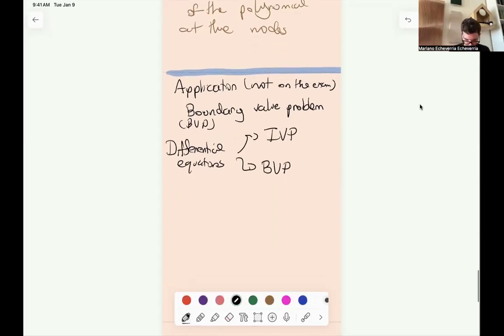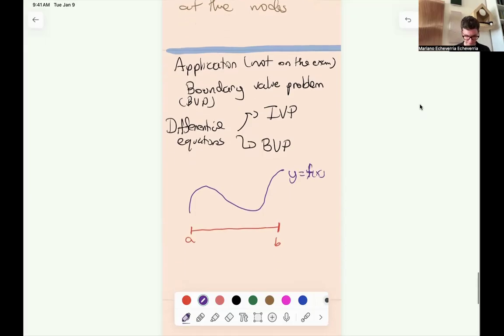So, one example is that maybe you have an interval a comma b, and you're trying to find a function that satisfies a differential equation.